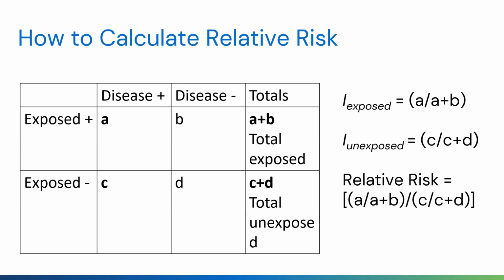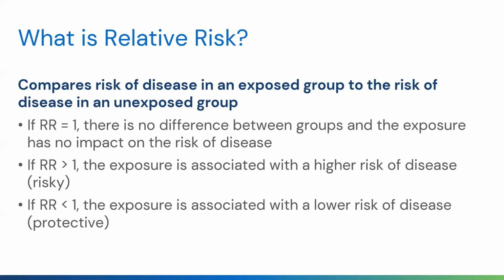For relative risk, you look at the group that has both exposure and disease, A, and divide by A plus B. Then you look at group C, which has disease but was not exposed, and divide by C plus D.